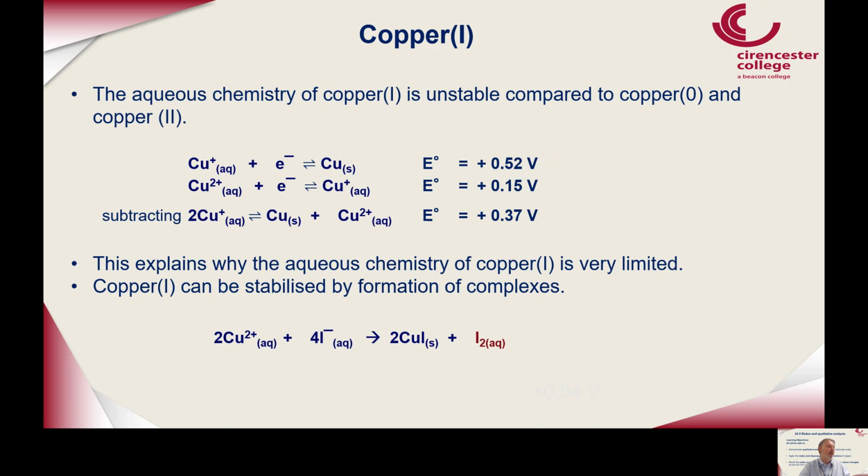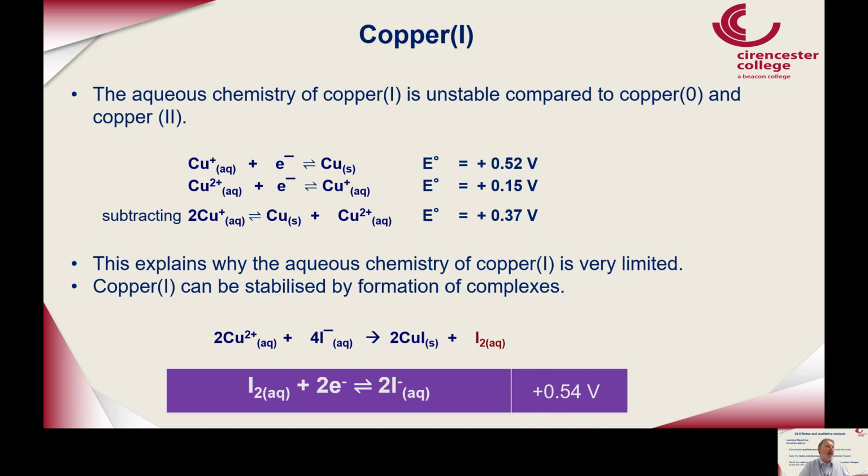So we end up with 2 CuI. And there is the electrode potential for the iodide system again. So how does that fit with this? Take the copper 2+ to copper plus: it is +0.15. The iodide system is +0.54. So this is more positive.